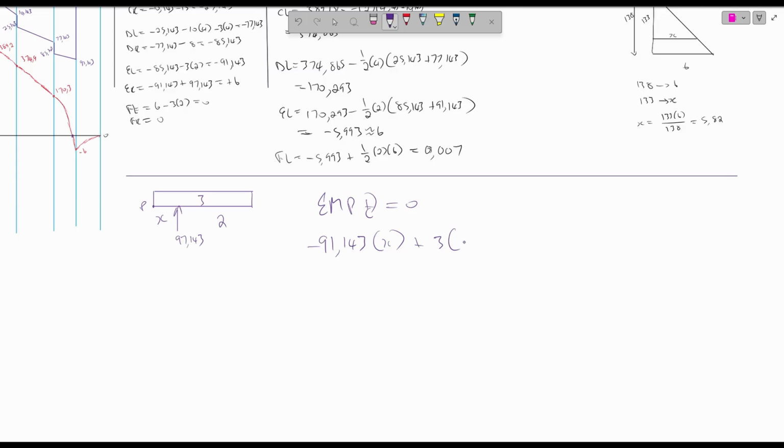We have 3 times (2 plus x) divided by 2. Or you can split your UDL and have this one and the other one, but yeah, it's going to be the same at the end. It's equals to 0. Now let's solve for this.